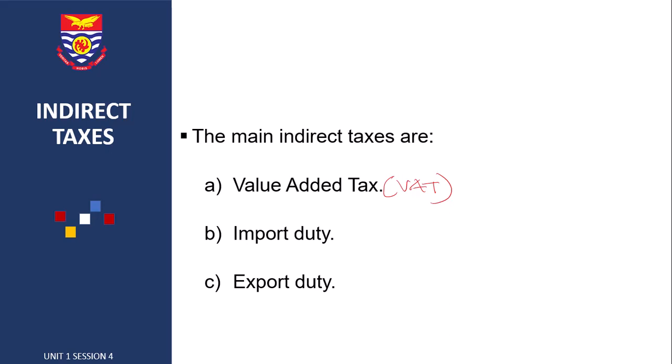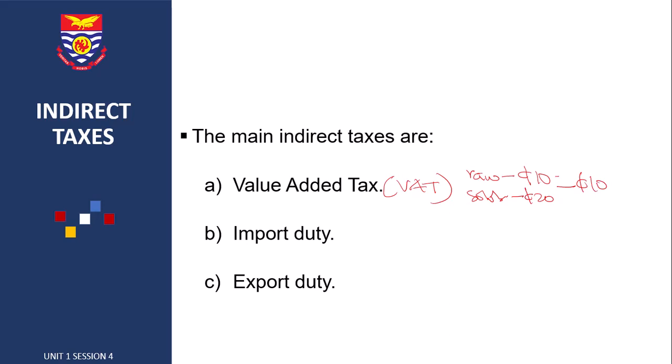So let's say you buy raw materials, for example, you are into sobolo business, you buy sugar at 10 Ghana cedis, okay, and you transform the sugar together with other ingredients into sobolo and you sell it at 20 cedis. The value added is 10 cedis.